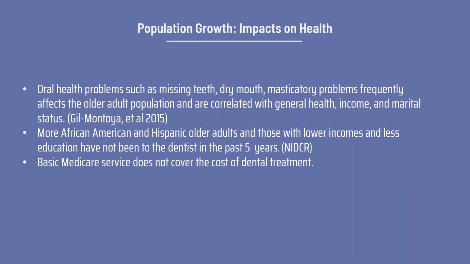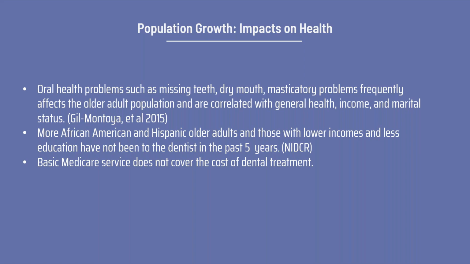If we consider the various social determinants, according to the research by Gil Montoya, older adults' oral health problems like missing teeth, dry mouth, and masticatory problems are correlated with their general health, income, and marital status. Also, various cultural and ethnic groups are affected differently by oral health problems.